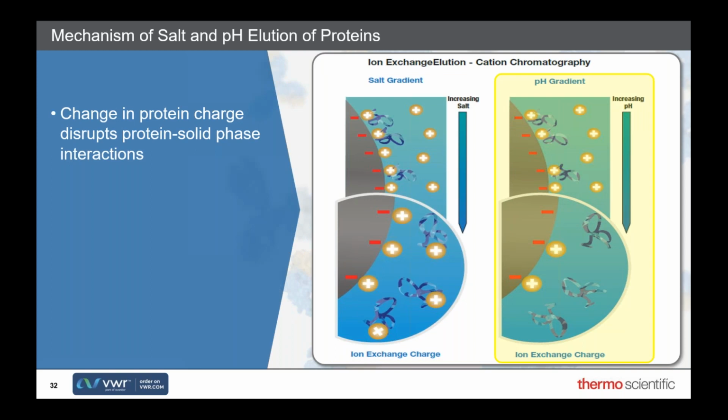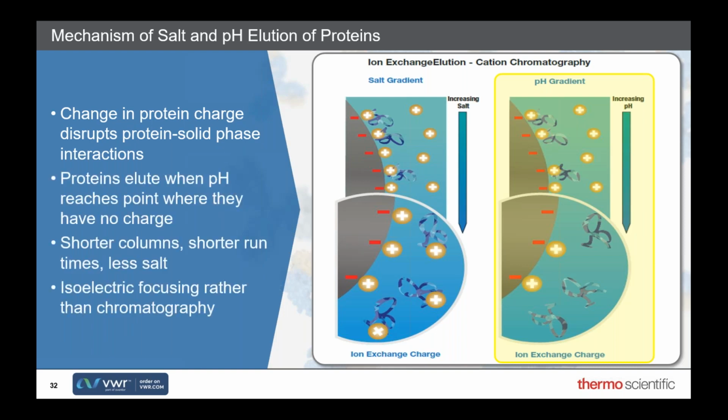Now let's contrast that with pH gradient elution. Here, a change in the protein charge disrupts the protein to solid phase interactions. So proteins will elute from the column when the pH reaches a point where they have no charge. And this is an important difference from salt gradients, as they will not interact with the rest of the column. This affects the column length used, the loadability, and sample matrix effects.